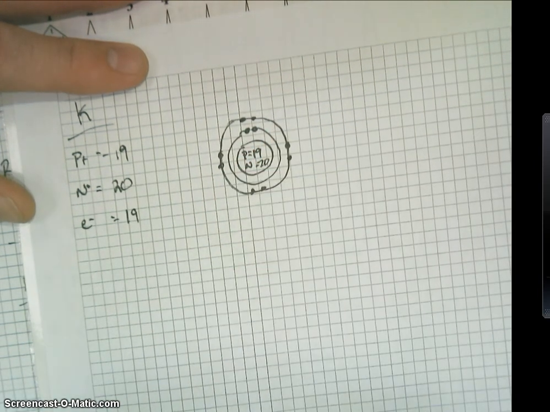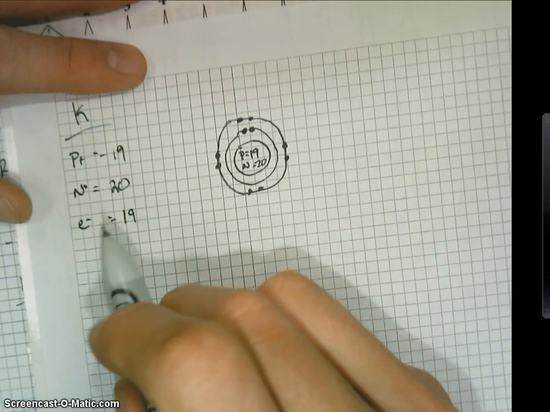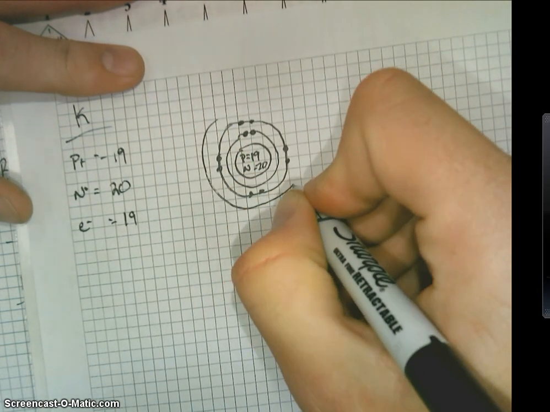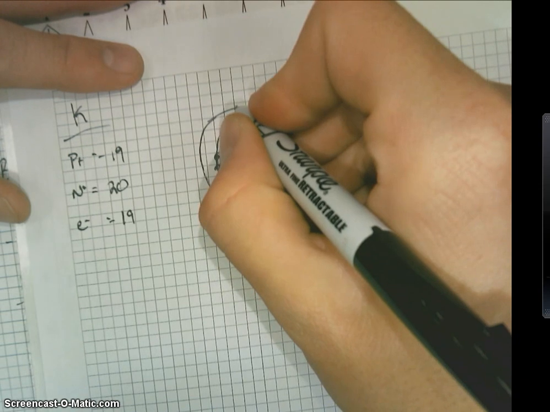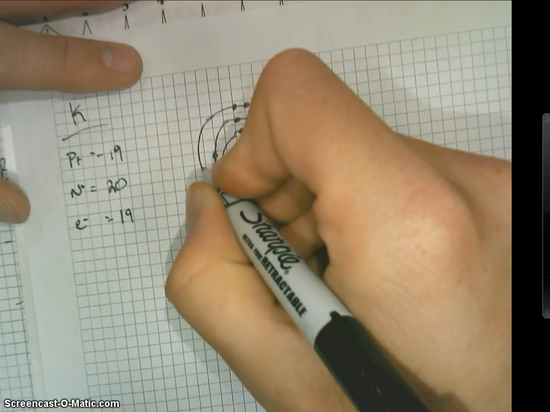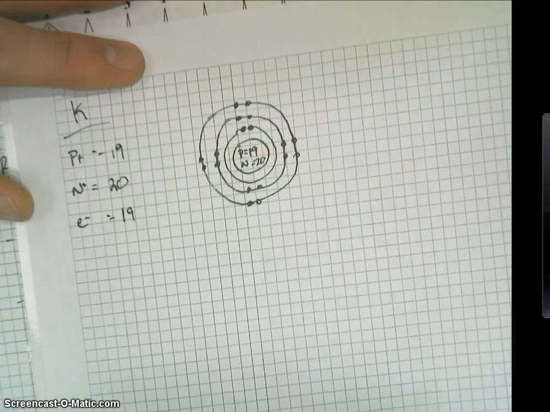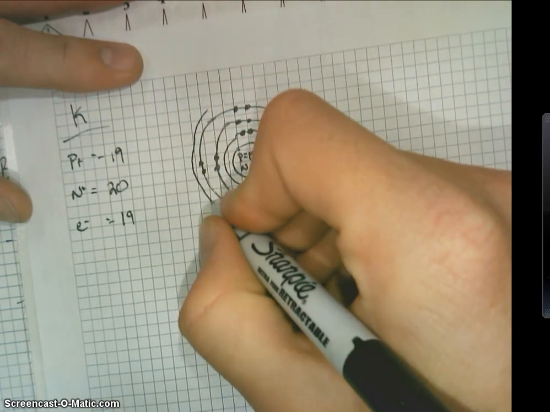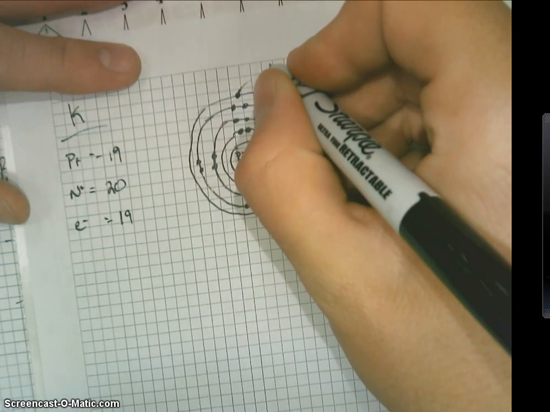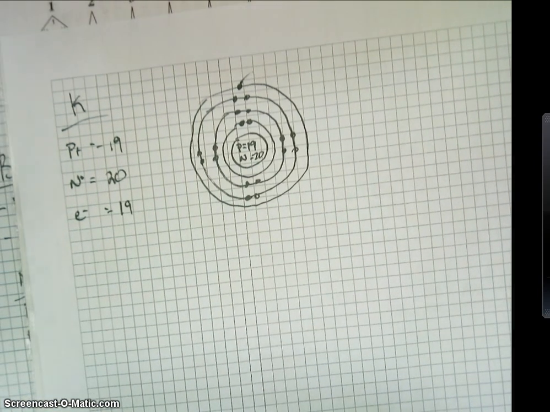So I have 8 more for a total of 10. I need 9 more yet to go. Now I know that I have 10 already. I'm going to add in 1, 2, 3, 4, 5, 6, 7, 8. I'm at 18. I need 1 more. And potassium has 1 in its last shell. So that would be another example of potassium.